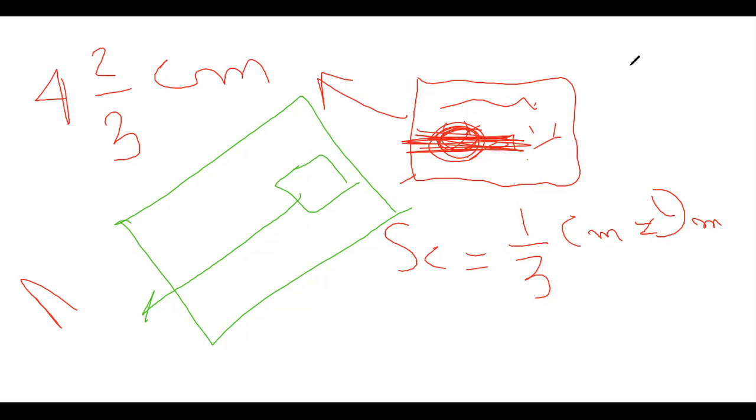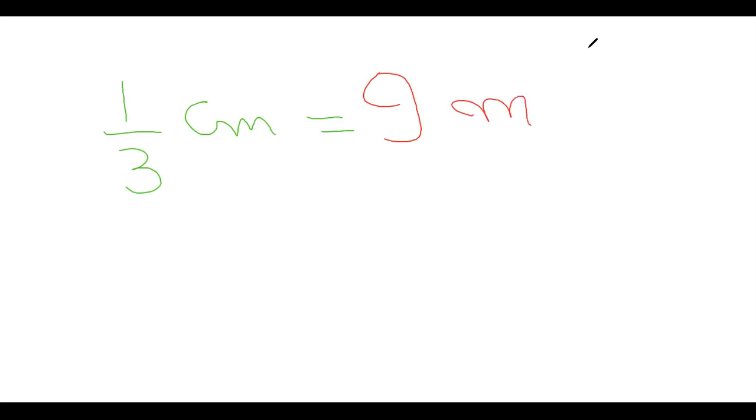Let's see, how can I do this? Look at this. 1 over 3 centimeter is equal to the actual 9 meters. The length on the blueprint is 4 and 2 by 3 centimeter.